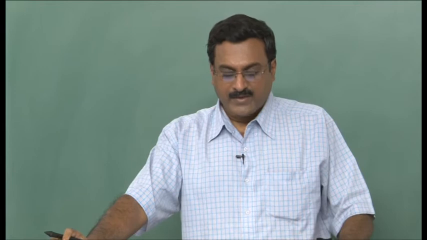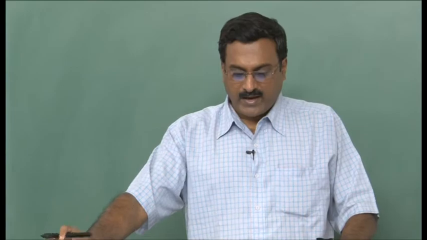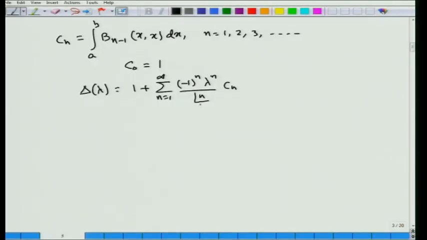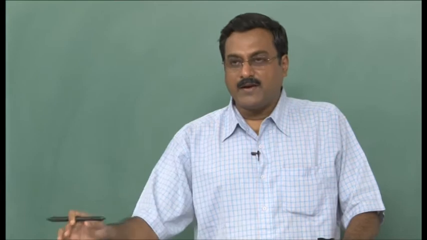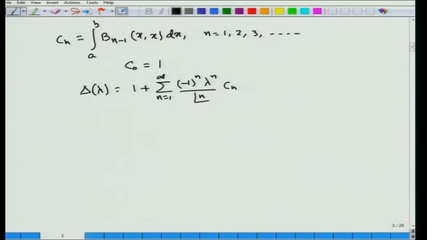This happens most of the time if we use separable kernels, that is, degenerate kernels. Then, after the first few non-zero C_j, the rest will be equal to 0, and accordingly the B_n are also equal to 0. Therefore, instead of an infinite series for Delta(lambda) and D(x, s; lambda), most of the time we will have a polynomial containing a finite number of terms, because the rest of the terms are identically equal to 0.